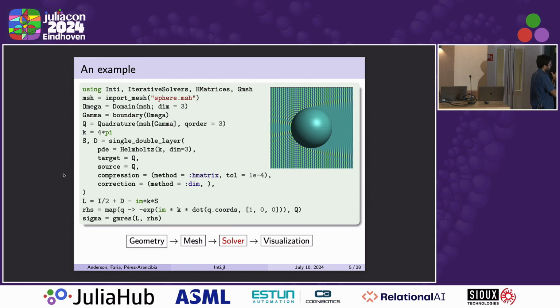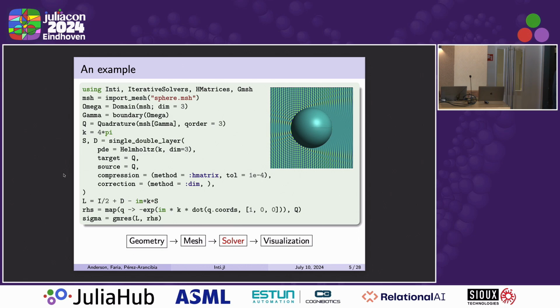So the first line is a good showcase of how Julia allows for this type of composability. Standard when you're solving these physics-driven problems, you have some representation of your geometry, you have to mesh it, we focus on the solver, of course, and then you have to post-process, maybe using Makie, maybe exporting a Paraview file, so that's up to you.